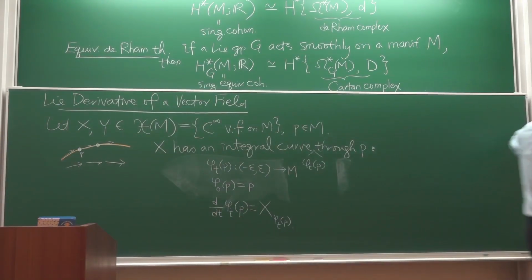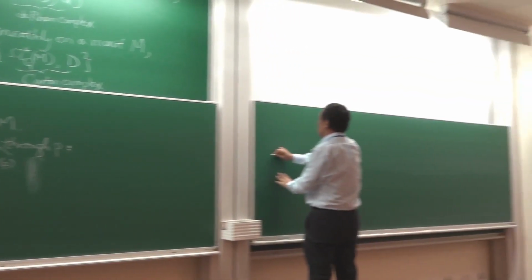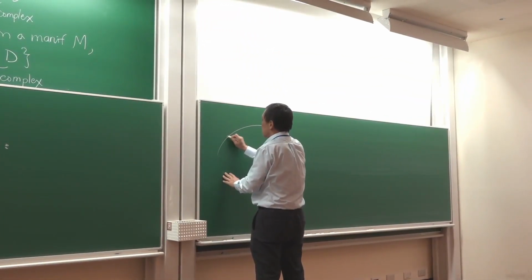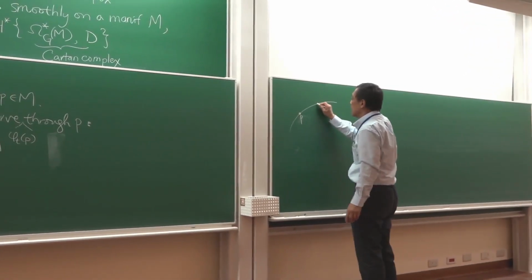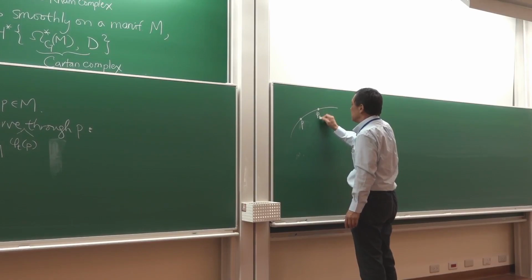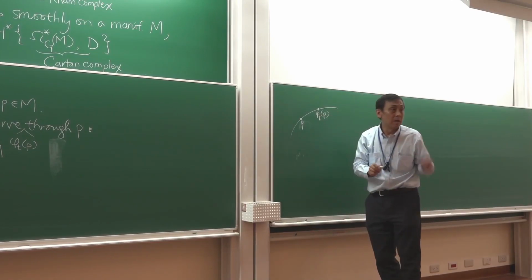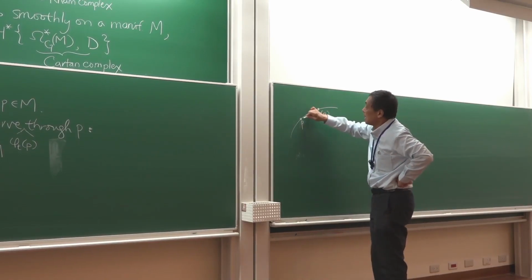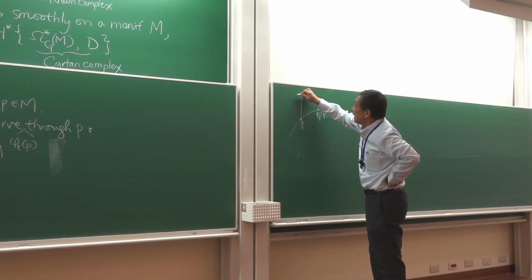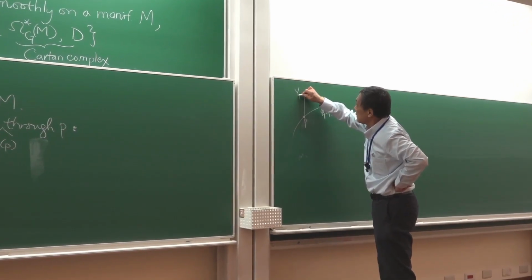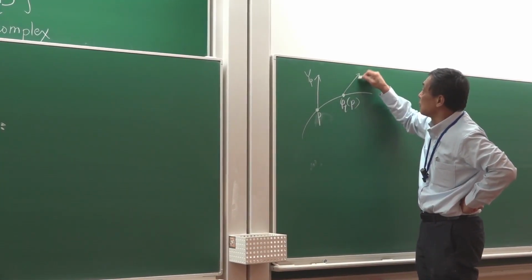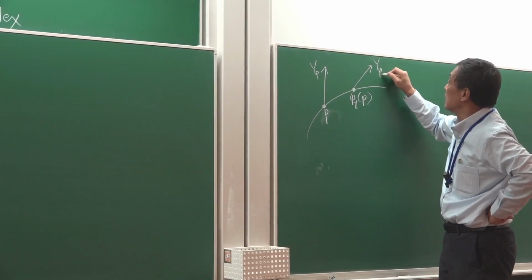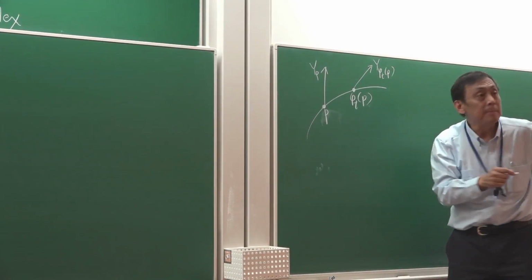Let me draw a different picture. So at time 0, I'm at p. At time t, I'm at phi t of p. Okay? And Y has a value there, so this is the vector Y at p, and then here is the vector Y at phi t of p.